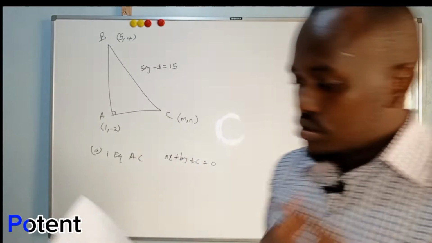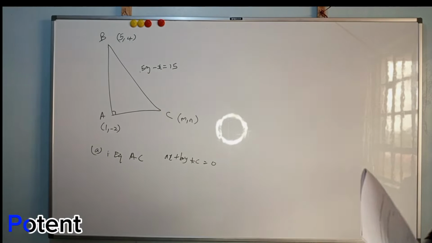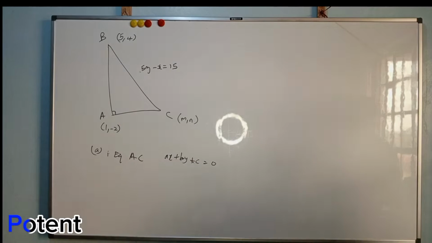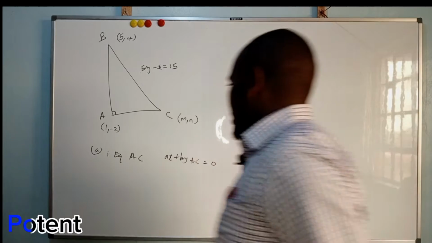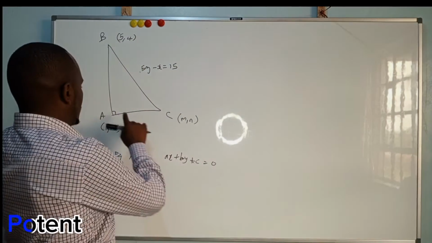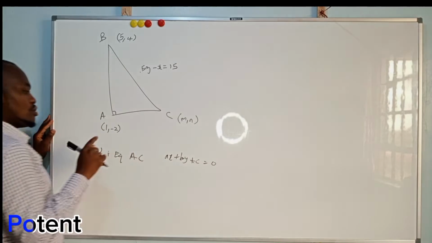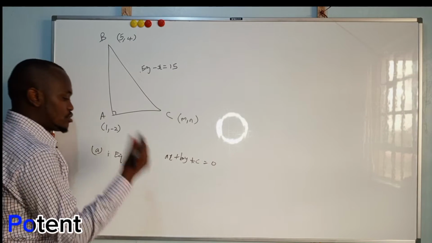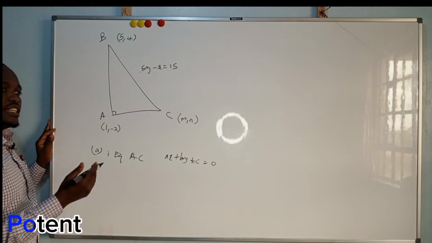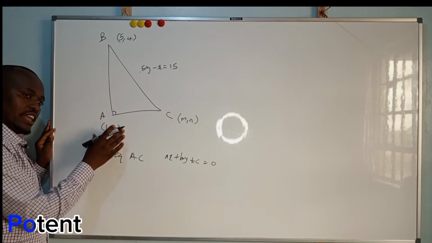So the first thing you need to solve in this question, there are several ways you are supposed to do this. You need to find this equation. You have one point, you don't have the other. To find an equation of a straight line, you need to have one point and the gradient.